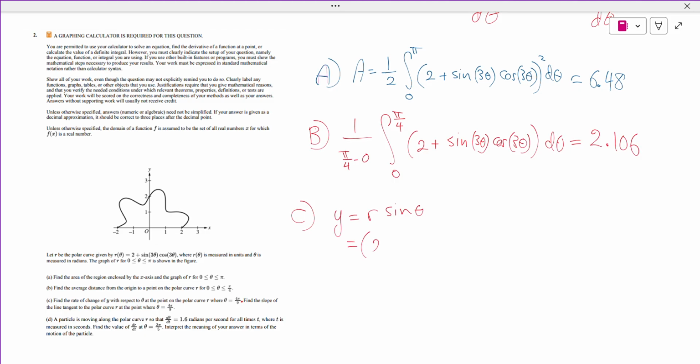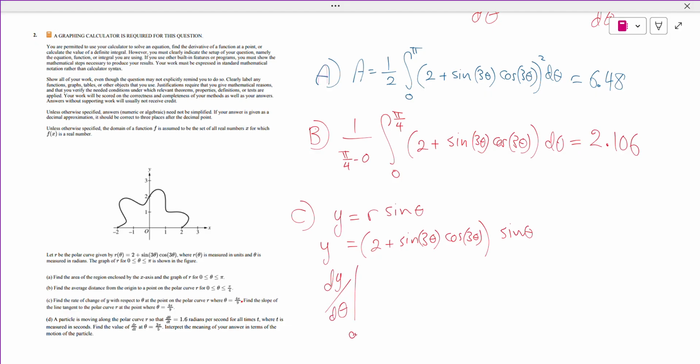It's equal to 2 plus sine of 3 theta cos of 3 theta, times sine of theta. So you can just type this in your calculator. This is y.